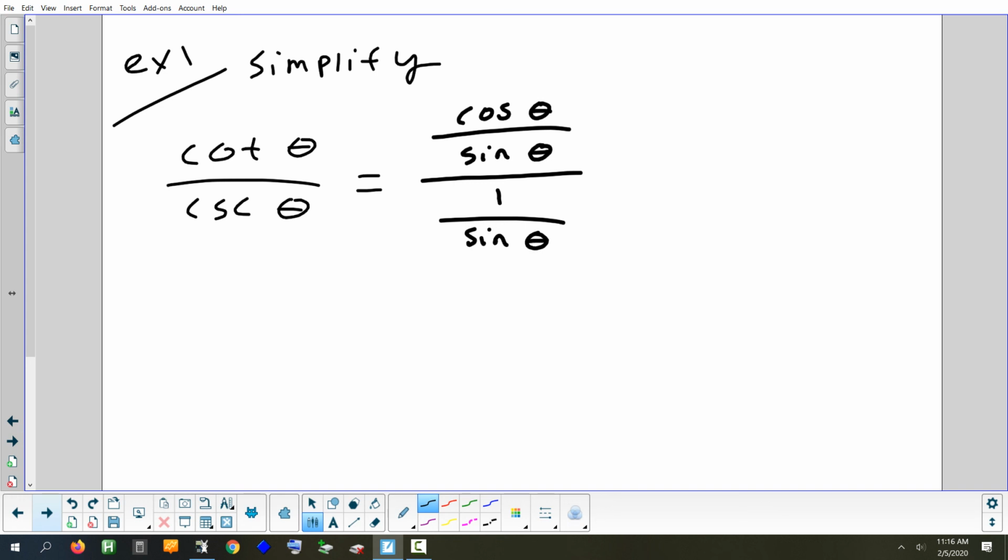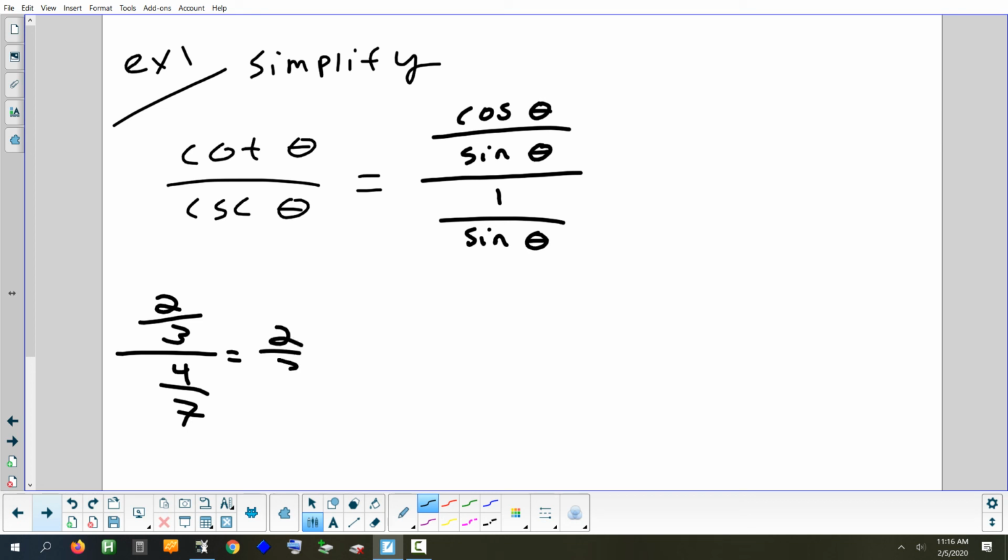Now, all the rules you know about arithmetic with fractions apply here. If I wanted to divide 2/3 by 4/7, how do you divide 2 fractions? Okay, what do you do at the top?